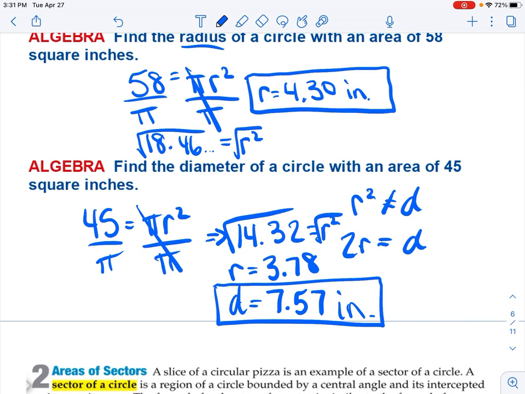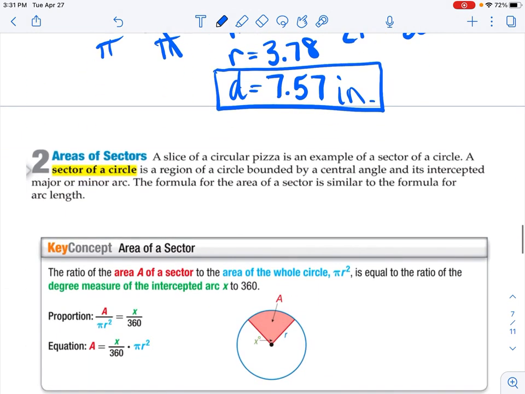So that is just area of a circle. And we can also find areas of sectors. A slice of a circular pizza is an example of a sector of a circle. A sector of a circle is a region of a circle bounded by a central angle and its intercepted major or minor arc. The formula for the area of a sector is similar to the formula for arc length.